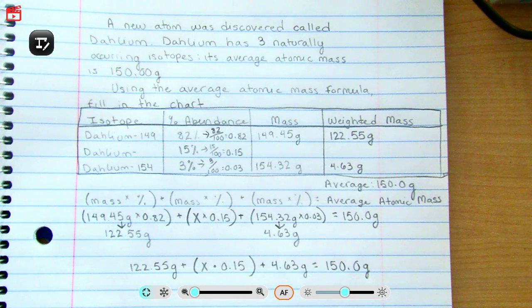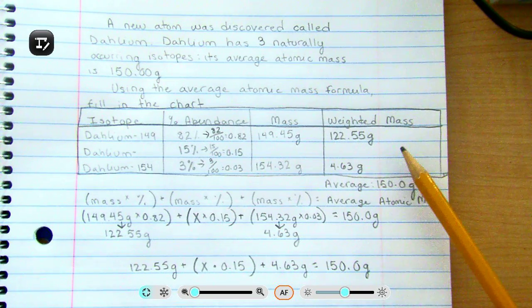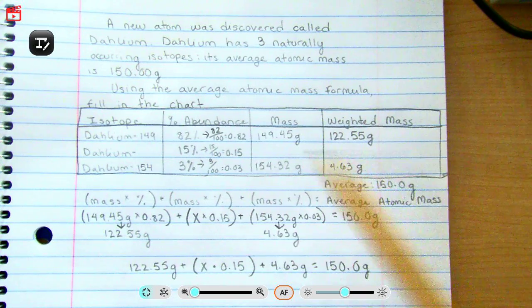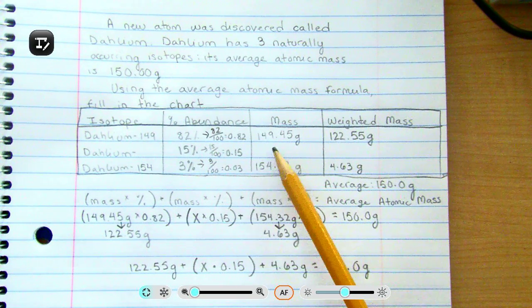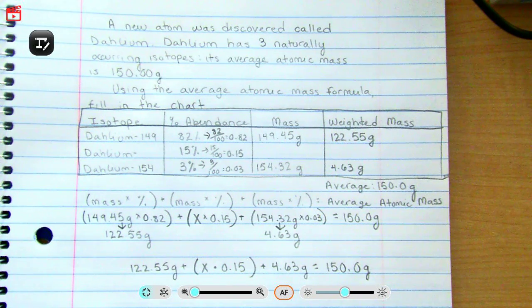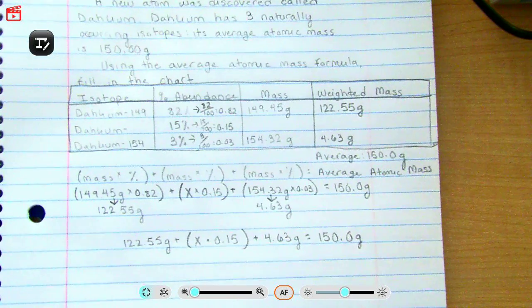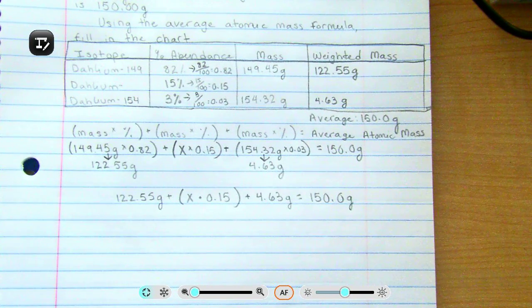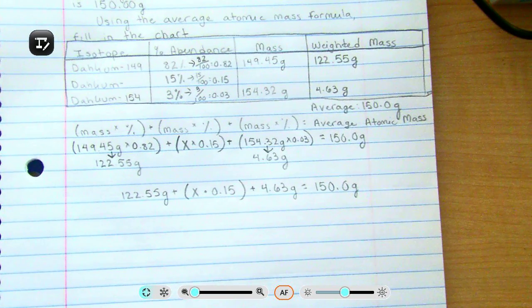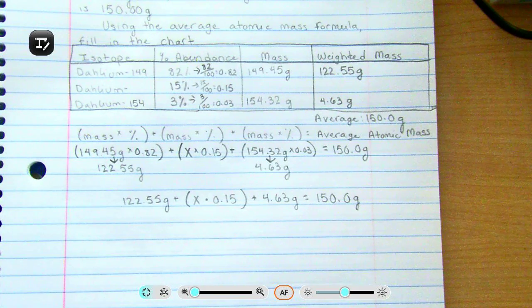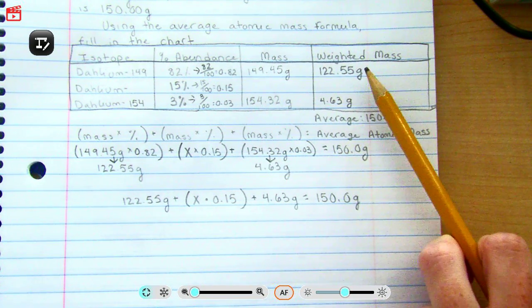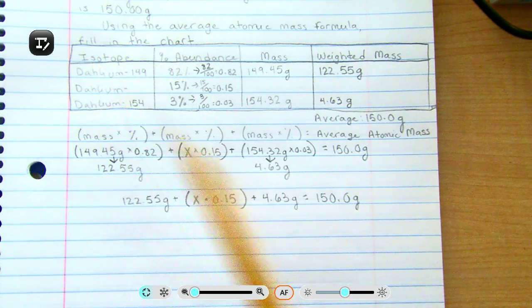So what we're missing currently on our table is the weighted mass of dolium with the unknown mass, and we're also still missing the mass of dolium as itself. To get this, we can easily get the weighted mass from the average atomic mass if we take out the two masses that we already know. We know 122.55 goes with dolium-149.